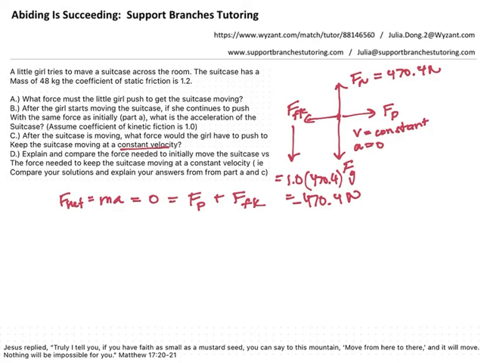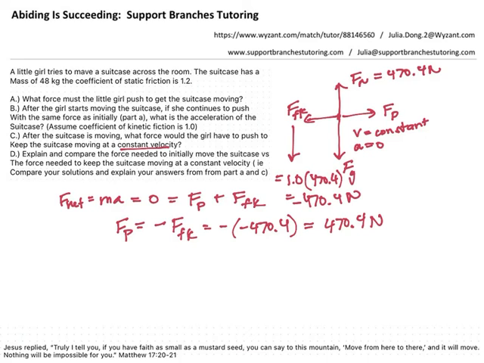So I'm just going to solve for the force of the push here. The force of push would be the negative of the force of kinetic friction, which would equal negative negative 470.4, which is a positive 470.4 newtons. So as long as she is pushing with 470.4 newtons, you would expect that she'd be moving at a constant velocity, and the suitcase is no longer being accelerated.